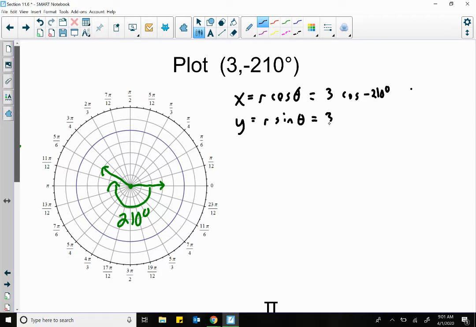Y is equal to 3 sine, we'll just put that in parentheses, negative 210. Okay? So what we have here is 3 times negative 210. Cosine would be negative 3 square root of 2.